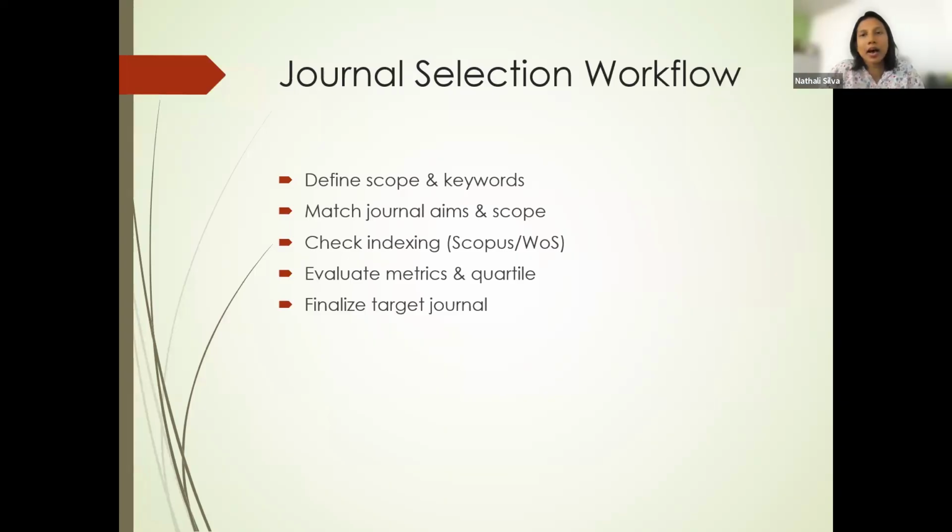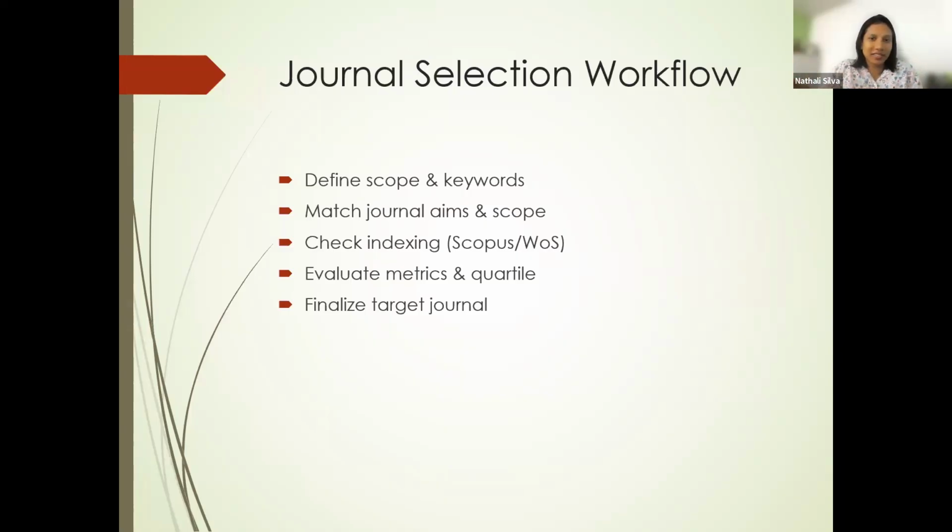Once the article is completed, normally there are a lot of databases available. In each publisher also you have different databases. So we search or do filtering to find suitable journals. There you might find 10, 15 journals.